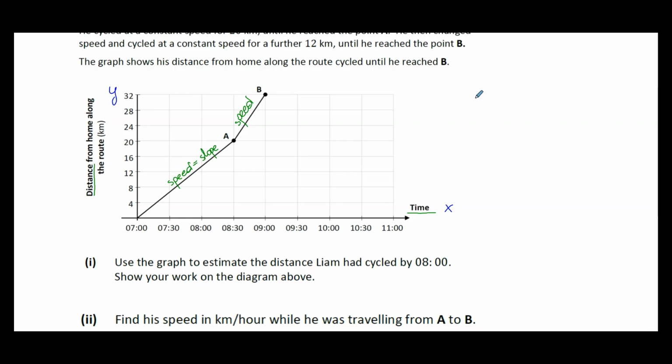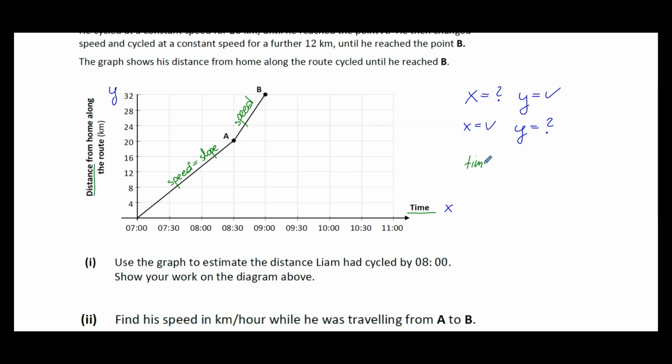Remember that usually the way your question is structured is that, for example, they will ask you about the value of X, therefore they will give you the value of Y, or the other way around. In the context of this question, let's say X is time.